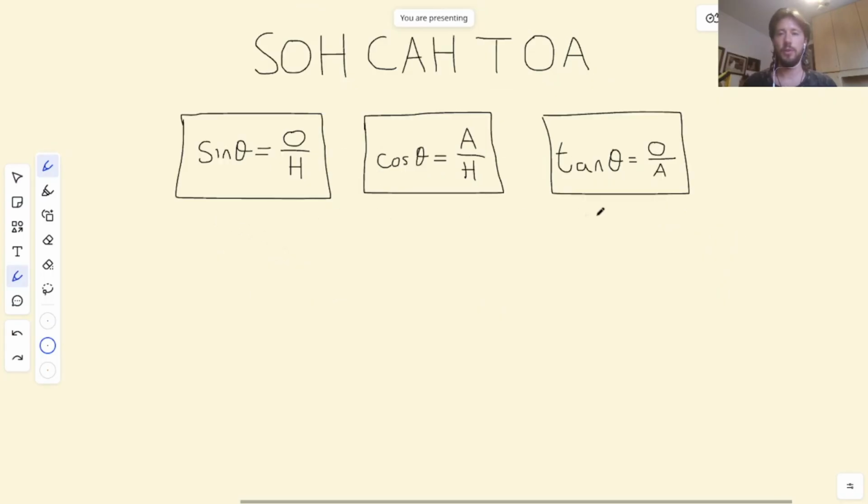We know the three equations now, but how do we actually use them? Well, let's say I draw a right-angled triangle, like so. And let's say that I give myself an angle, let's say 30 degrees.